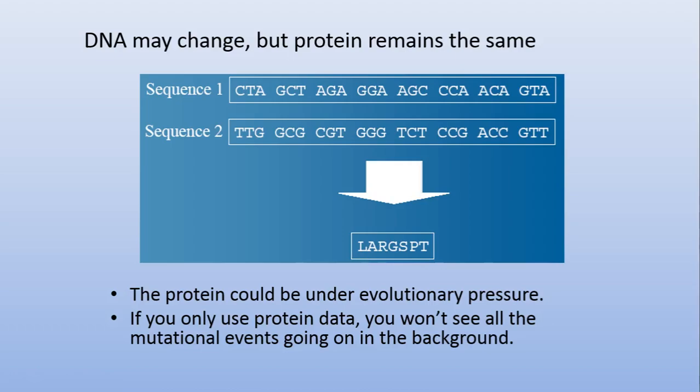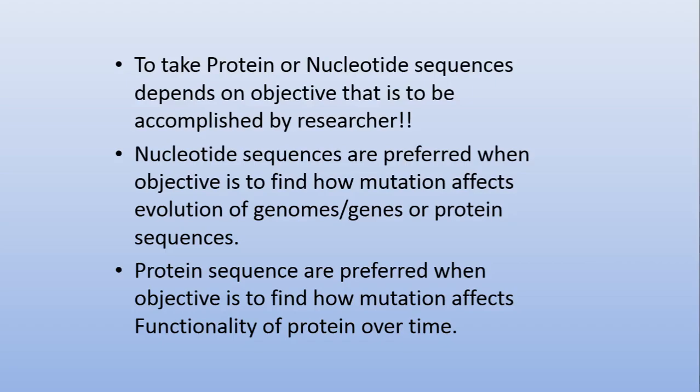That would eventually mean the protein could be under evolutionary pressure. So if you only use the protein data, you won't see all of the mutational events that are happening in the background.